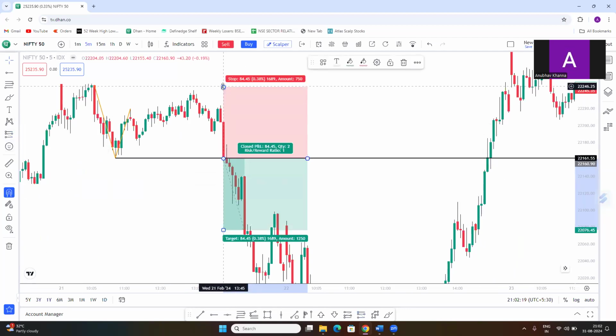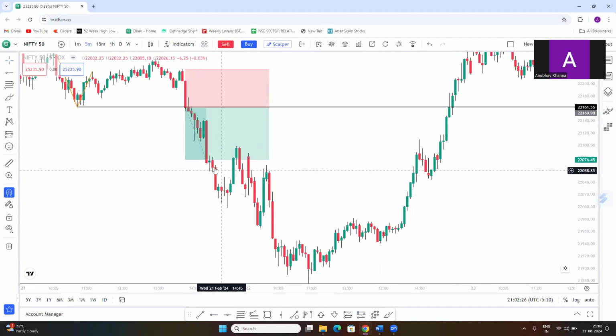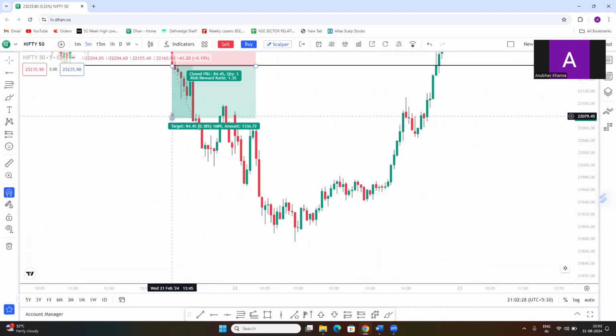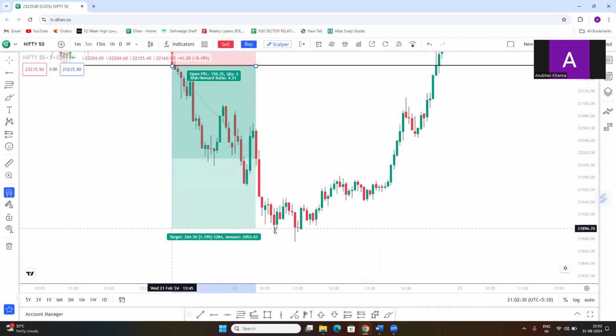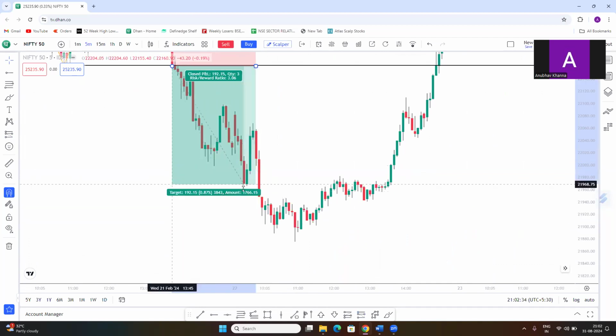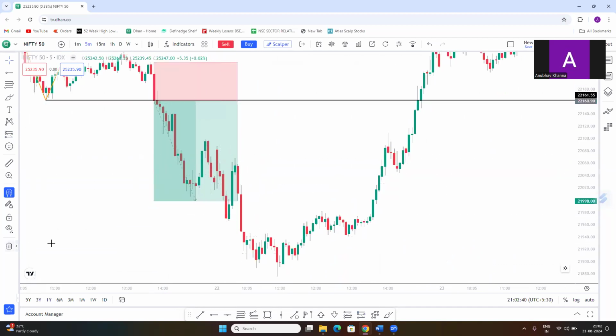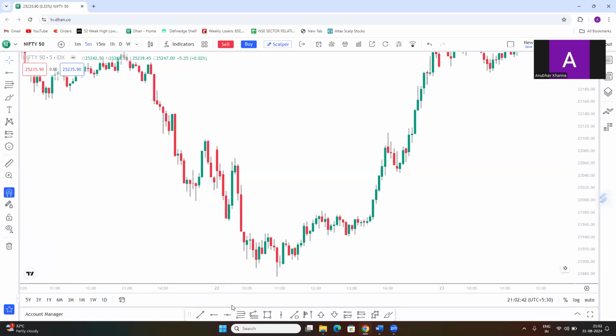I cannot because the stop loss of this candle would be very big, 62 points. If you can afford it, you can do that, and the results would be equally good. See how much it came till here, 1 is to 2 it gave. But this stop loss is very big. I will not recommend doing that.